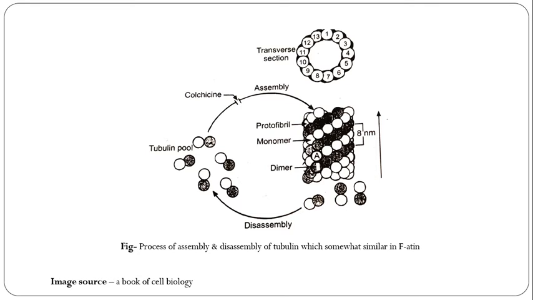So actin filaments result from the aggregation of a few monomers of G-actin by the process of nucleation.